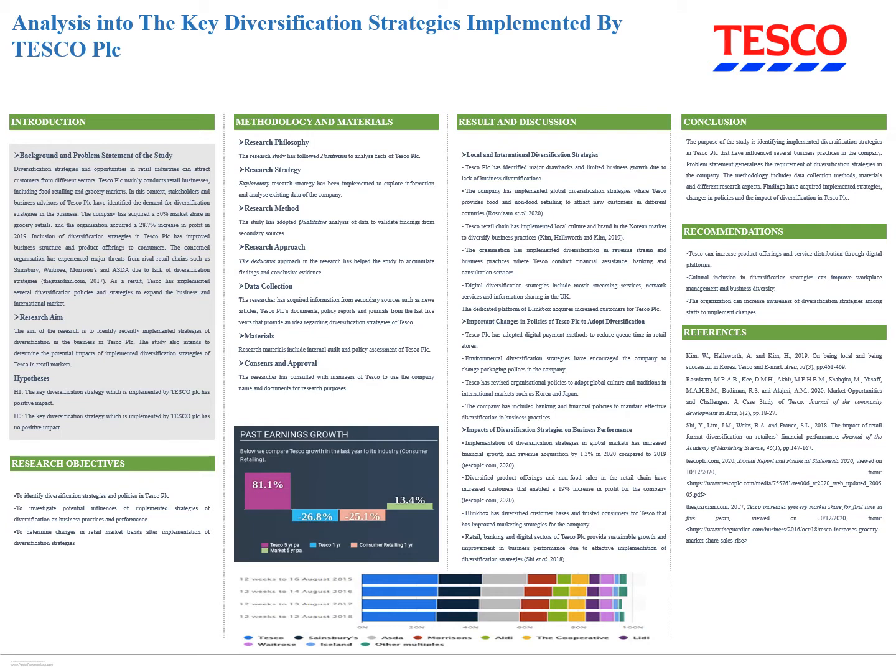The aim of the research is to identify recently implemented strategies of diversification in the business in Tesco Plc. The study also intends to determine the potential impacts of implemented diversification strategies of Tesco in retail markets.